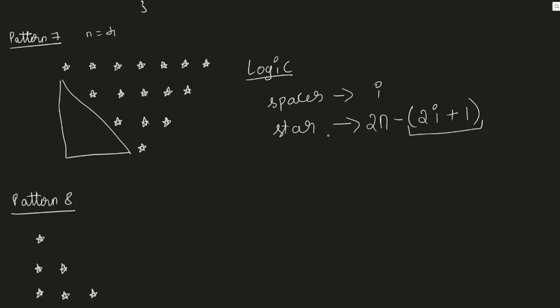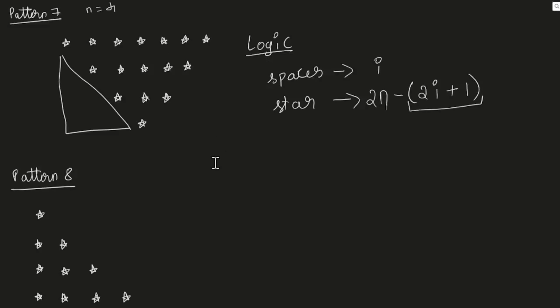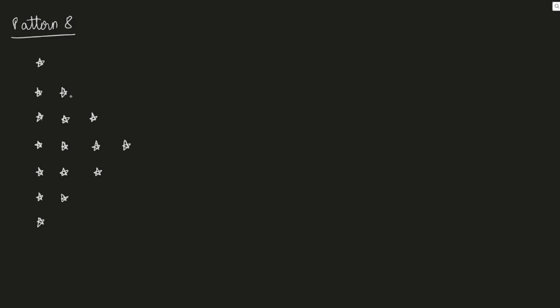By the way, kudos to whoever solved it by themselves. Now let us continue with pattern 8. This is our pattern 8. Input for this pattern is 7. As always, we'll just convert the given pattern into matrix.